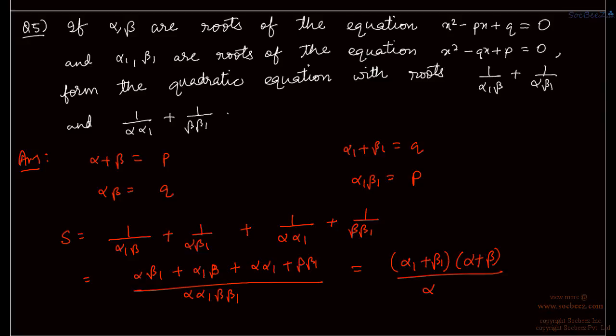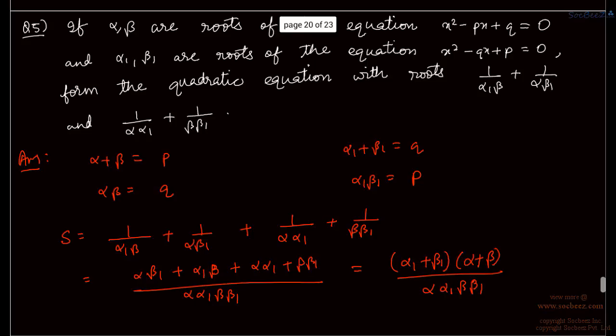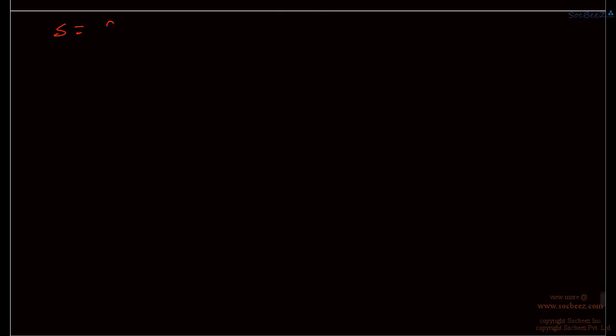And I have that by alpha 1 beta 1, right? So what is the sum of the roots of the desired equation? Alpha plus beta is p, and alpha 1 plus beta 1 is q. And what is alpha beta? Q, and alpha 1 beta 1 is p. So this is nothing but qp by pq is equal to 1. So we get that the sum of the roots is equal to 1.